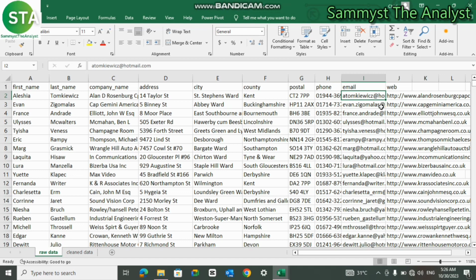Those who have this data set might want to look at, for instance, this person uses hotmail.com, and this other person uses gmail.com, hotmail.com, like that. This one is at rampy.co. So you can discover that sometimes emailing these employees, there can be a shortage in network, so a problem in connectivity.